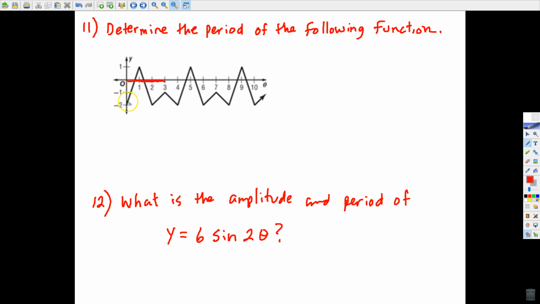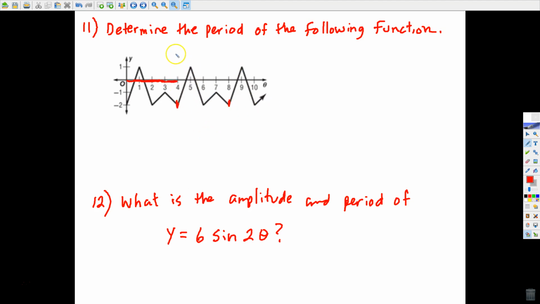Okay, so let's trace this graph to understand its characteristics. So it goes up, down, up. It looks like at this point you can see repetition. It's really that same graph over and over again.